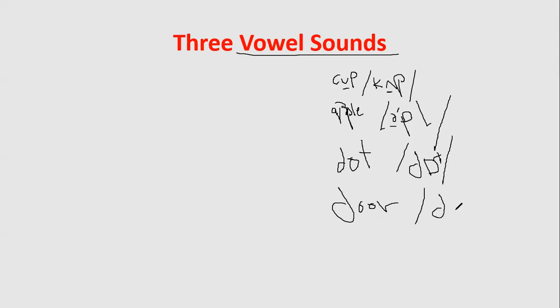We write it like an opposite C. So this is also another vowel sound, and so on. So in English, we have more than 10 vowel sounds, okay?